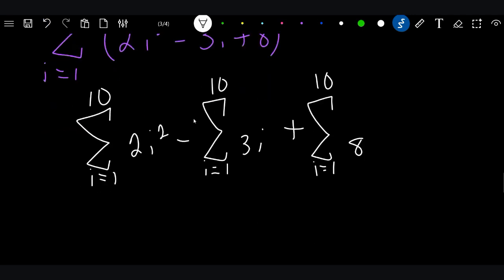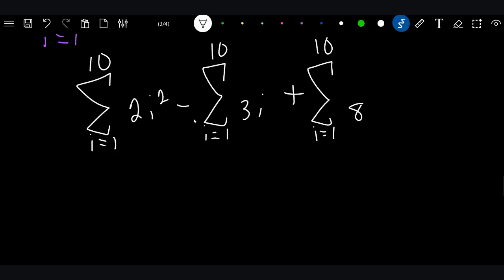Now, this one's interesting. I like this one because it's going to give us some practice on all 3 of our formulas. This one is the one with squares. This one is just the regular one, and this one is the one with just the constant, okay? So let's go back over them. This was from last lesson, but it's actually part of lesson 2, but we didn't do it.